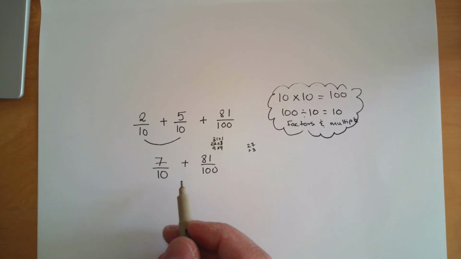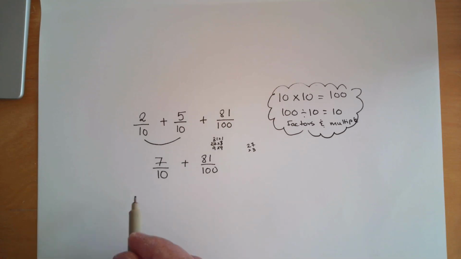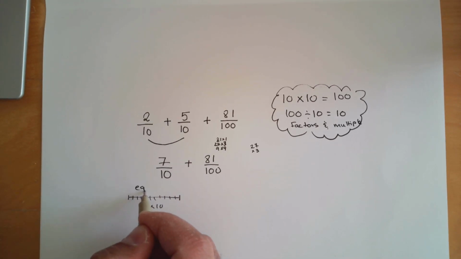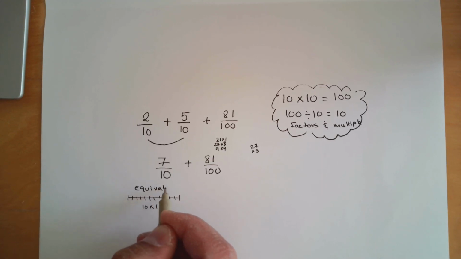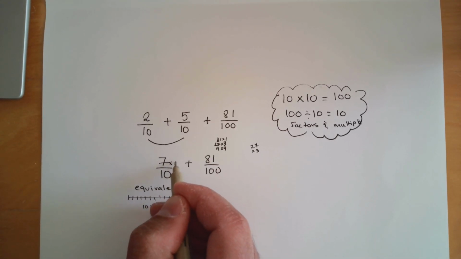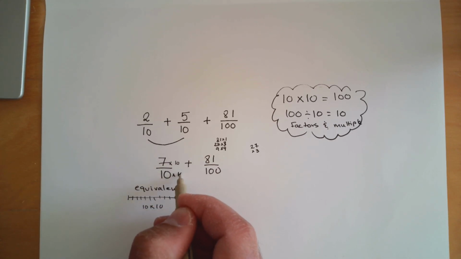However, I can take 7 tenths, and remember, a tenth, if we partition it 10 times, gives us 100. So all I need to do is find the equivalent fraction. I'm going to multiply the 7 tenths by 10 over 10.